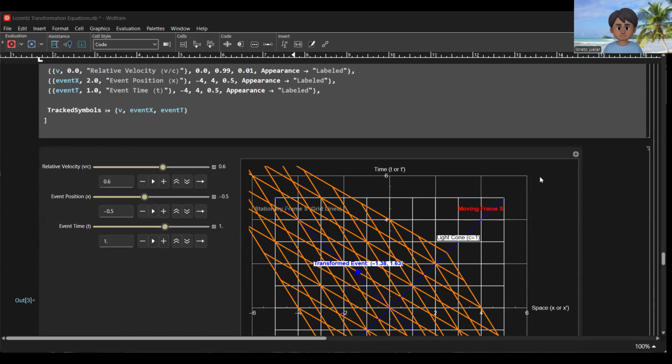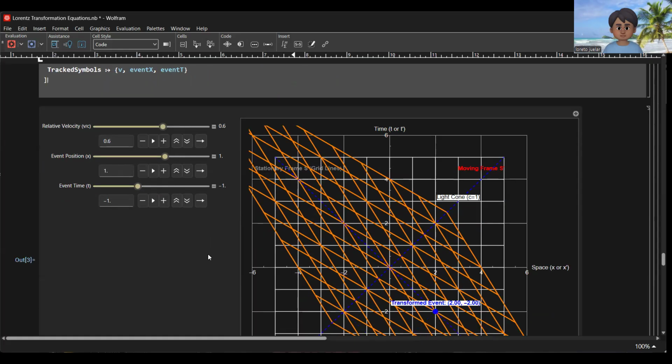We have the S frame here, the white square, and we have the orange square here for the S prime. For example, the relative velocity here is equal to 0.6, and the event position is positive 1 and negative 1 here.